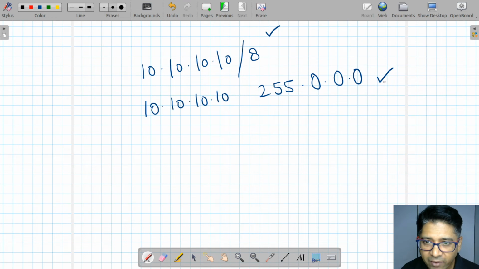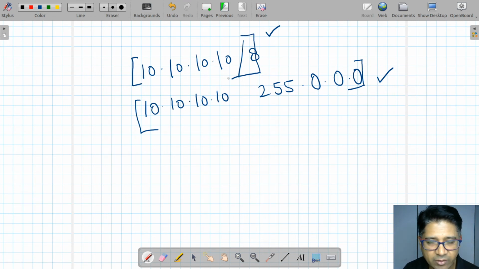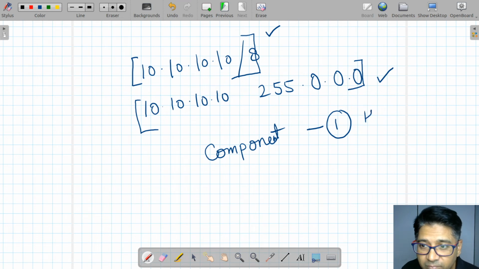Now every network is one network, the entire range under one CIDR with the IP. Every IP network has three components. The first is the head of the network, like a family head.